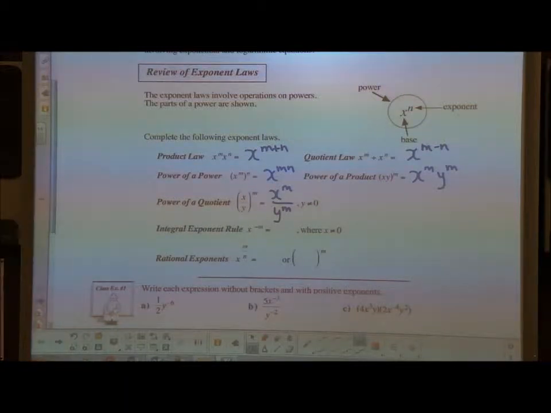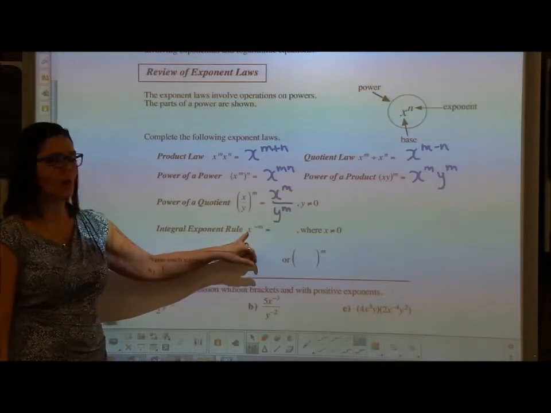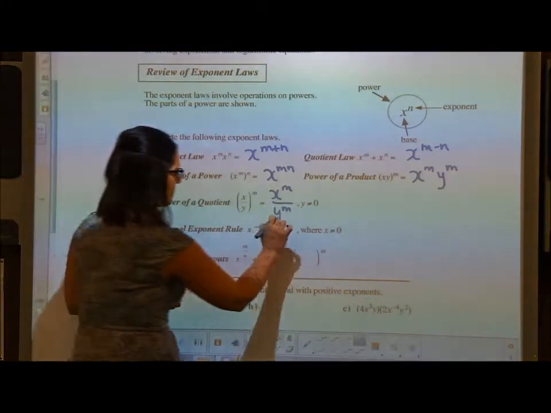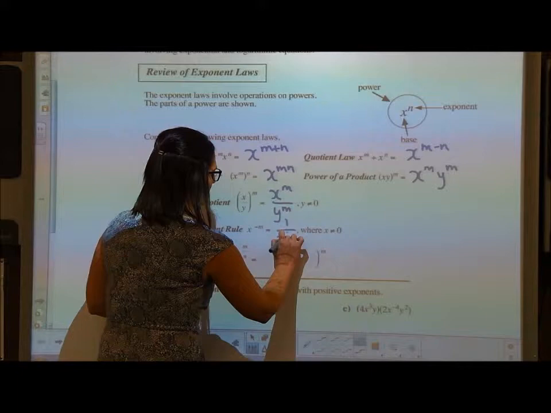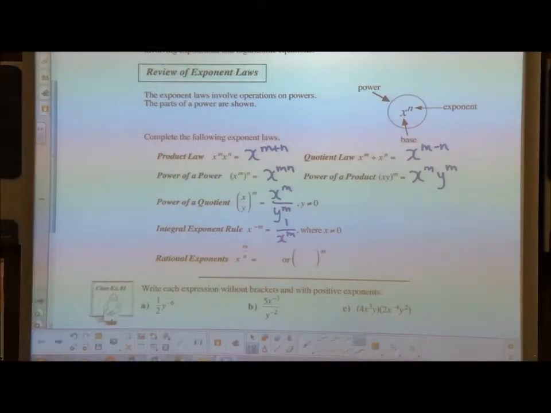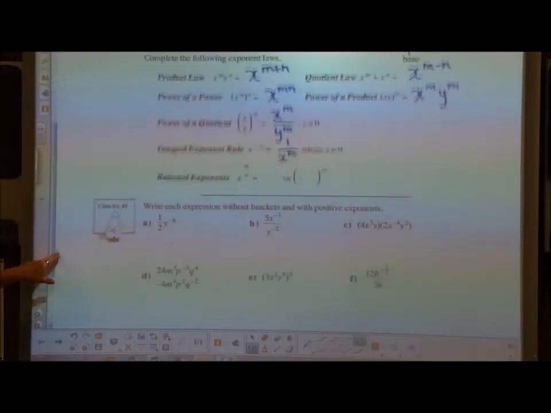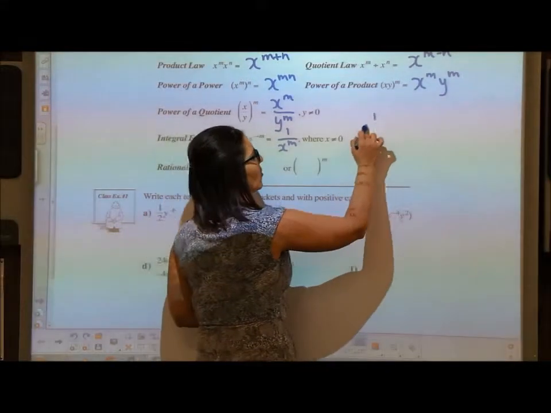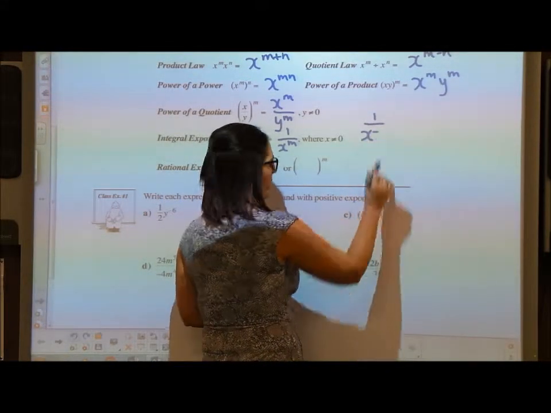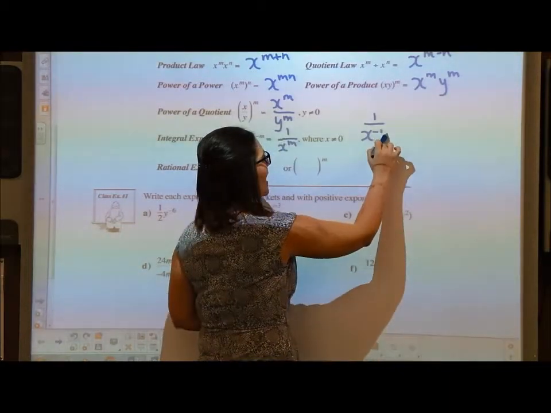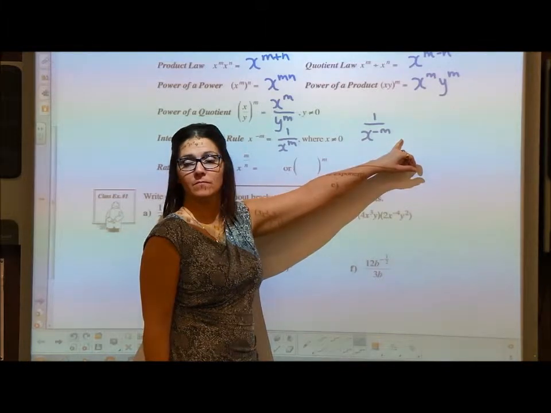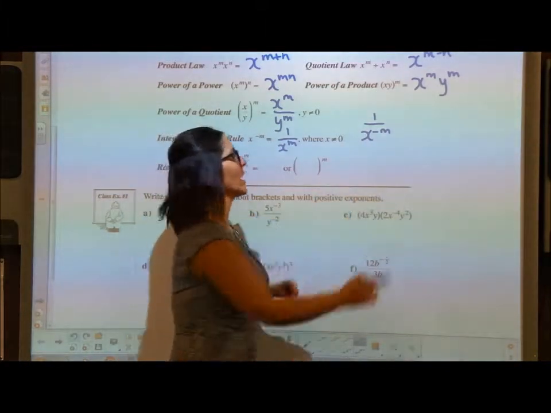If I have a negative exponent, how do I make it positive? Go 1 over the... So I get 1 over x to the power of m. If I had 1 over x to the power of negative m, how would I make that a positive? I'll bring it to the top.